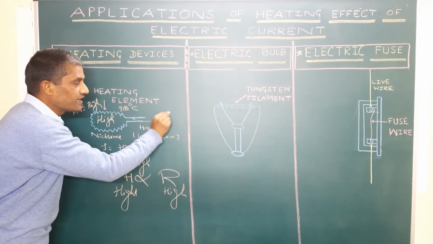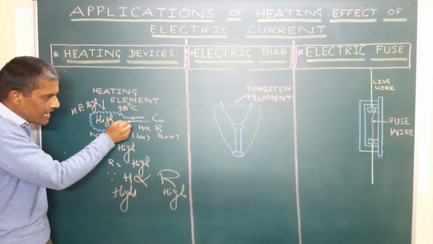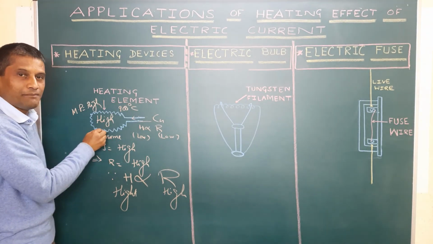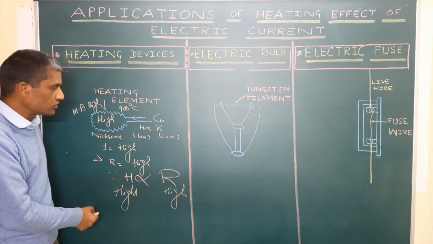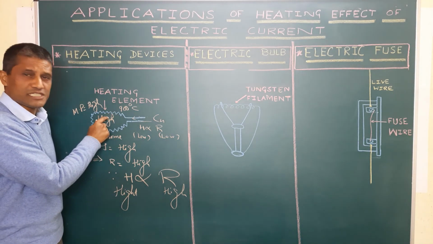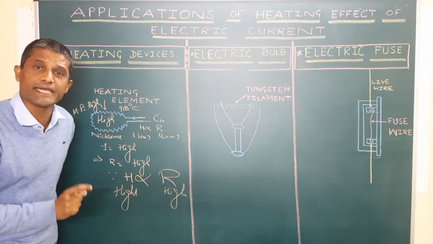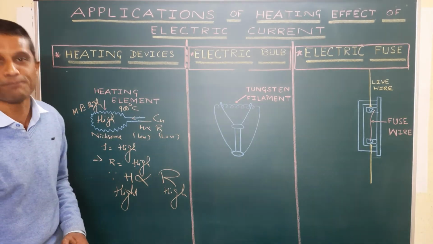We haven't seen the heating effect of electric current in a vibrant way. But when the same current flows through the nichrome alloy or a heating element, it does wonders there. It generates heat because its resistivity or resistance is very, very high, and that's why heat production is very high, and that makes the working of these heating devices possible.